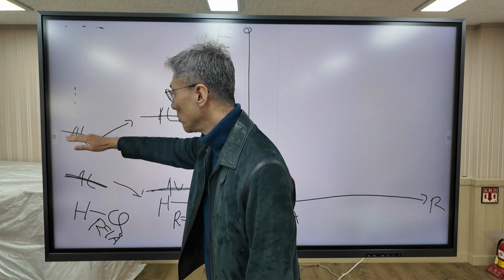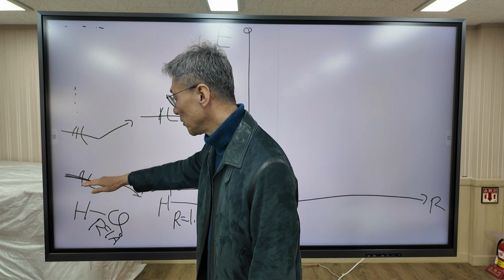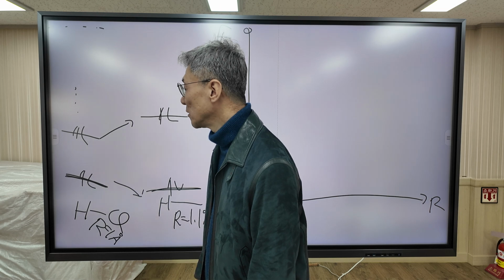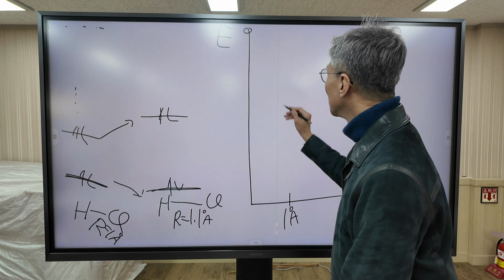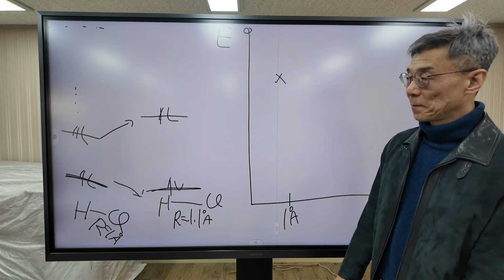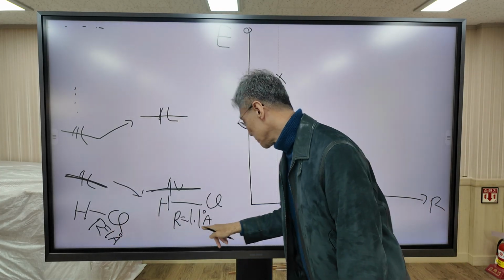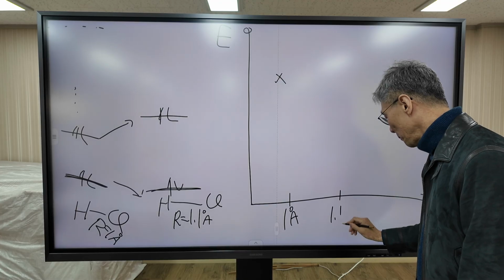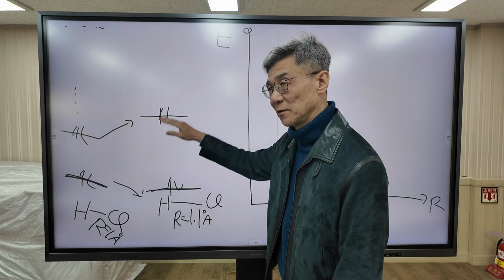When the orbital energy and electronic configuration are given, I can calculate the total energy of the electrons. For example, the energy is here, and when I change from 1 angstrom to 1.1 angstrom, I can again calculate all the energy the electrons have.